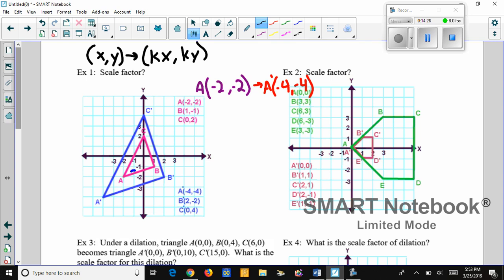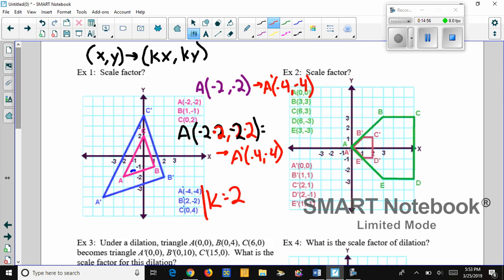So what we find is that we took A, took the -2, multiplied them each by a scale factor of 2, to help me get my A prime. So we have a scale factor of 2.